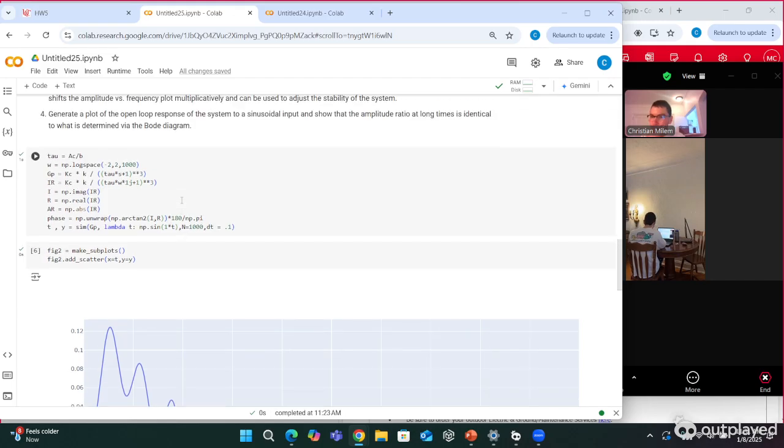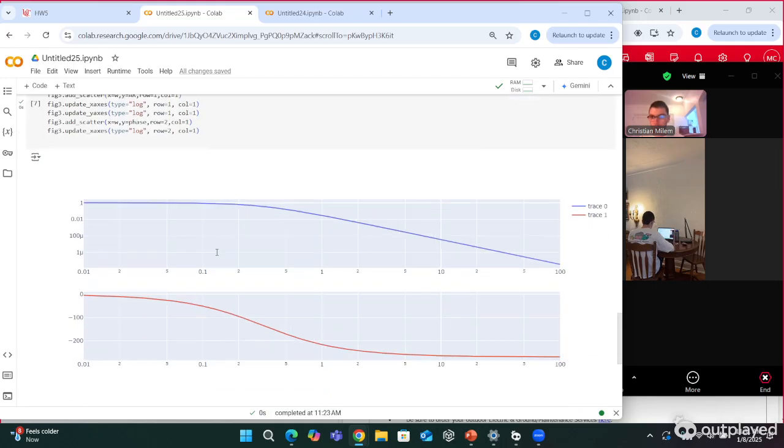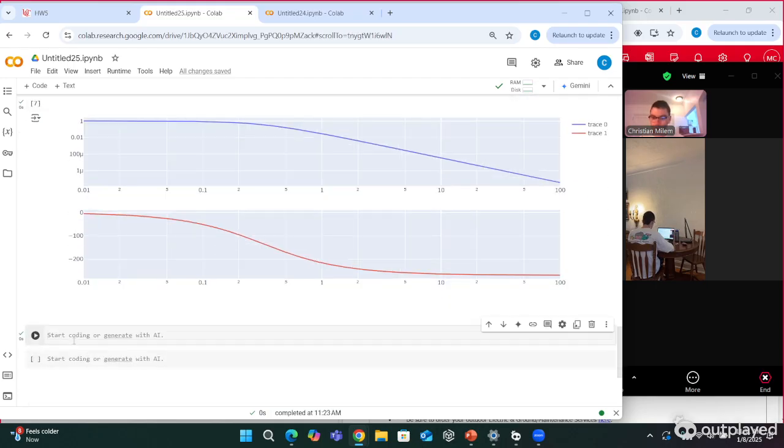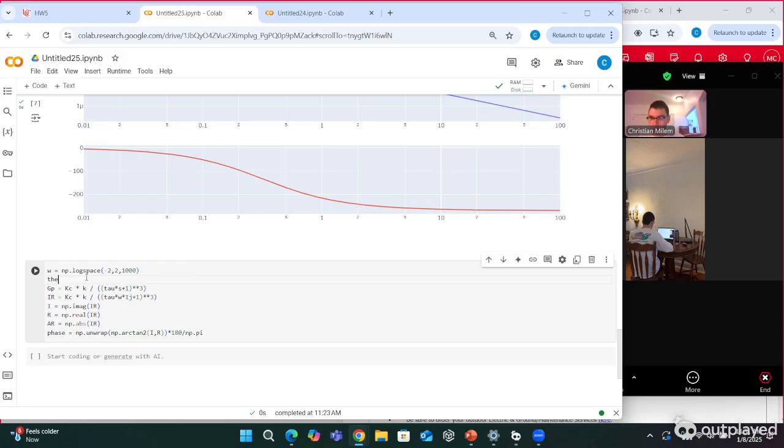So let's plot out our Bode diagram. So that's going to be the same thing that we were doing on all these other ones, except we're going to have a theta. I think we'll just set that to 0.1. We don't have to worry about simulating our process.